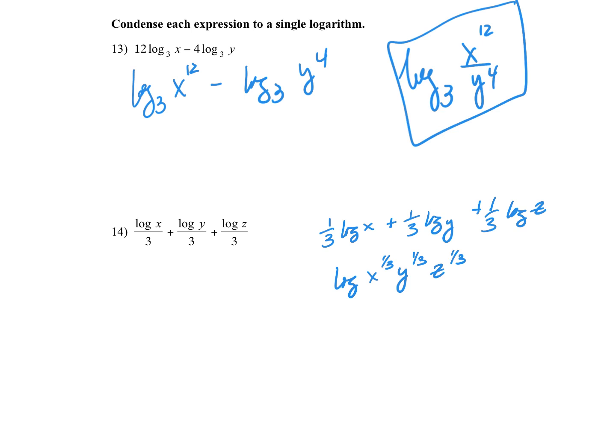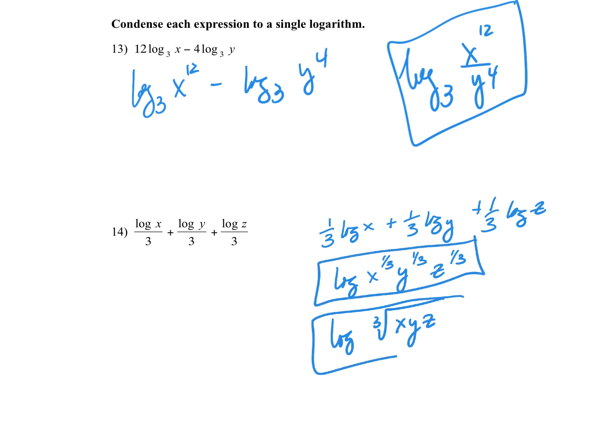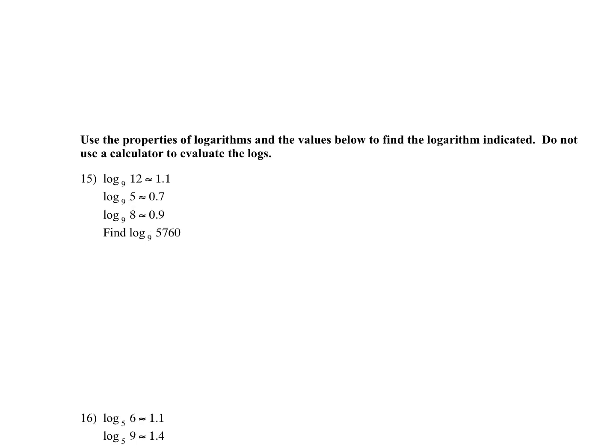You turn it into one log. And anything to the 1/3 is the cube root. So this is log of the cube root of xyz. I would technically take that answer, but this is the best answer.